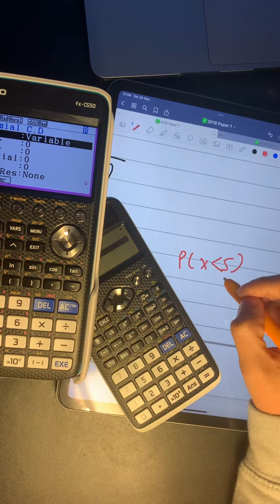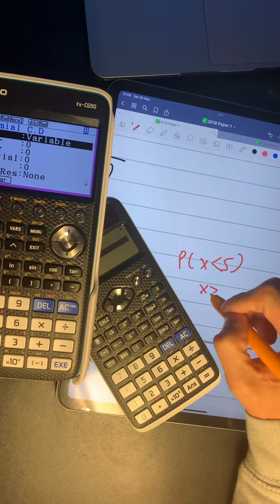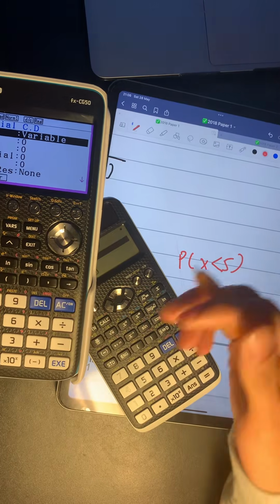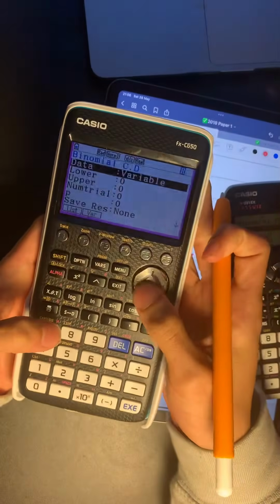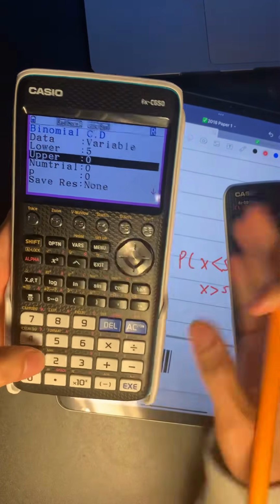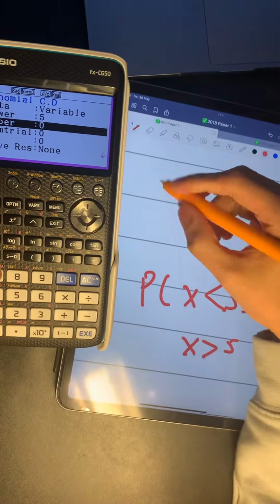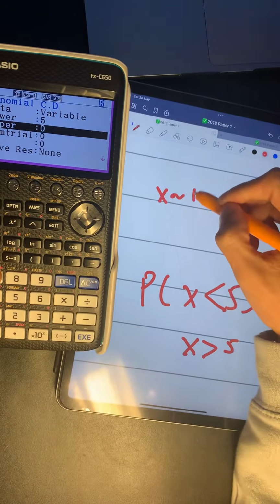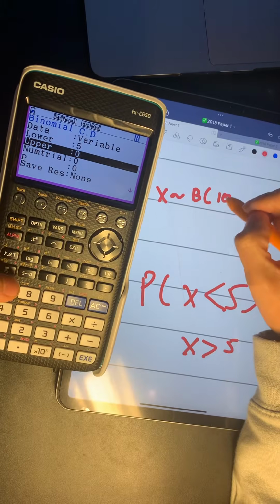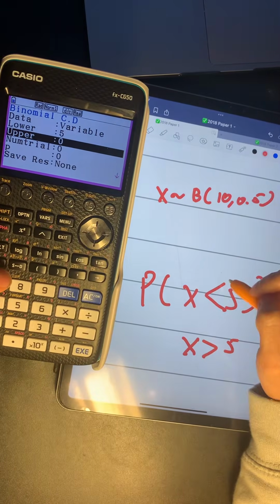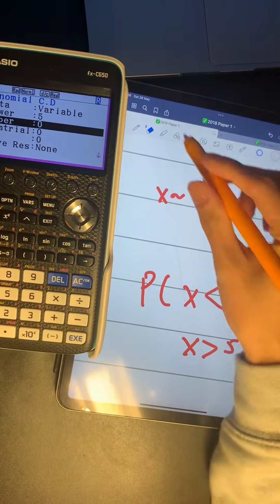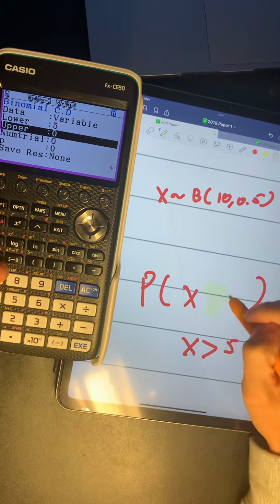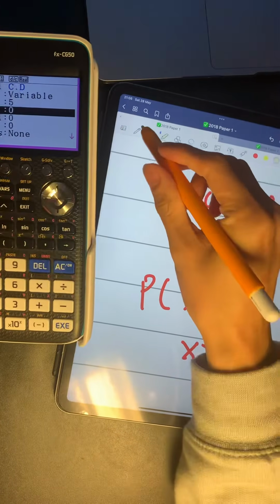If we want to do x greater than a certain value, we've got to do the 1 minus whole shebang. On this, you don't have to. You can put in the lower, the upper. Let's say you have the binomial distribution modeled as 10, 0.5, and you want to find the probability of something greater than or equal to 5.